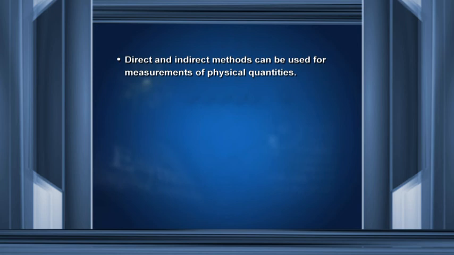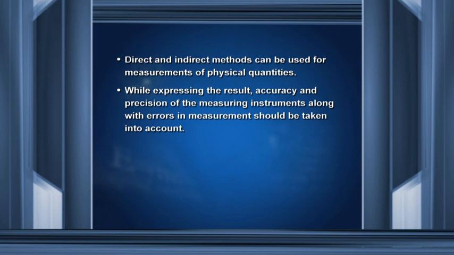Direct and indirect methods can be used for measurements of physical quantities. While expressing the result, accuracy and precision of the measuring instruments along with errors in measurement should be taken into account.